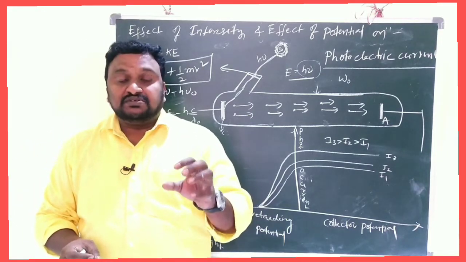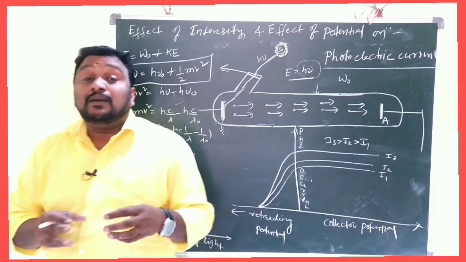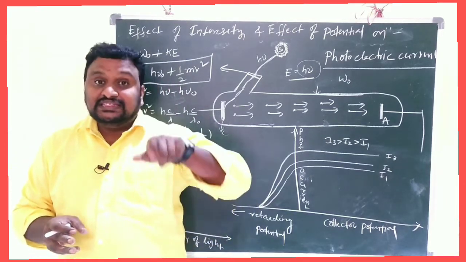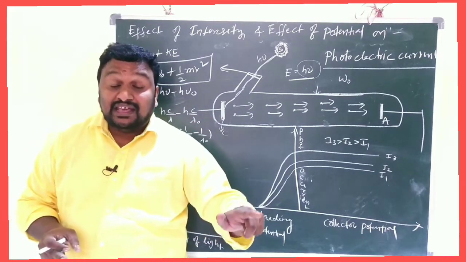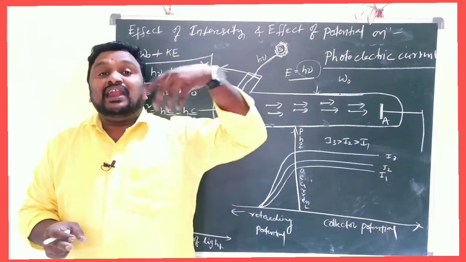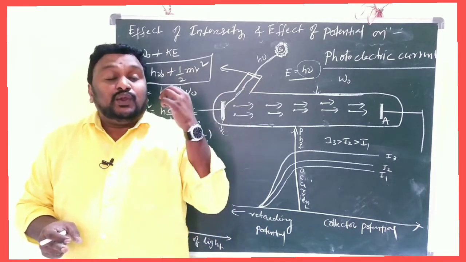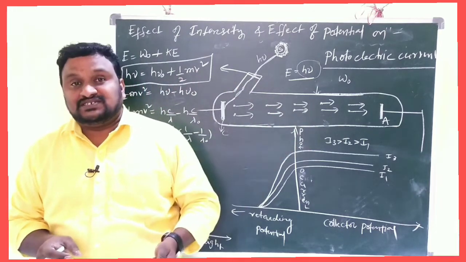According to Einstein, when a certain amount of energy is incident on the metal surface, some part of the energy is utilized to liberate the electrons from the metal surface, and the remaining energy is utilized to gain kinetic energy for the electrons.